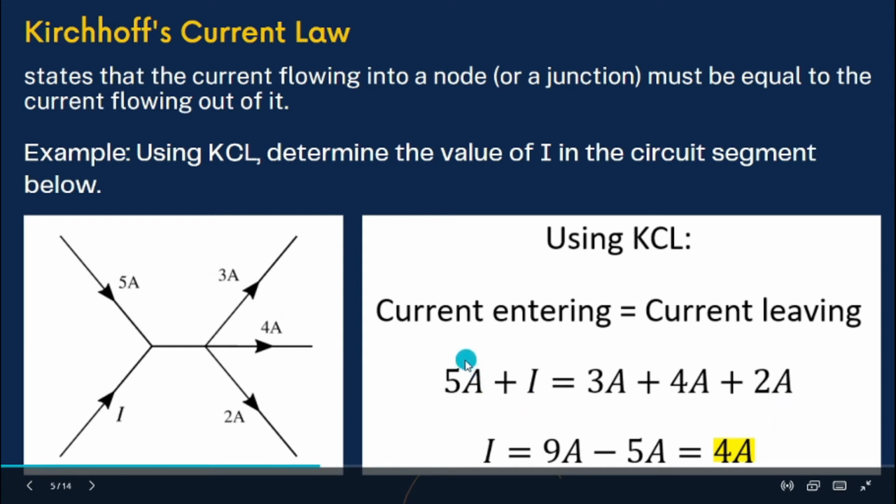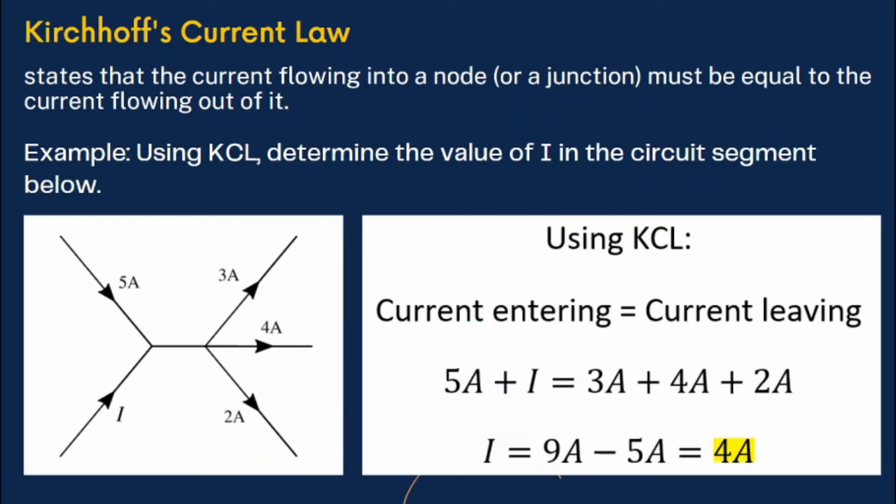So, 5 amperes, ilipat natin, magiging negative, and then we add 3 plus 4 plus 2, that's 9. Actually get the current value of I, which is 4 amperes. That's basically class yung Kirchhoff's current law.